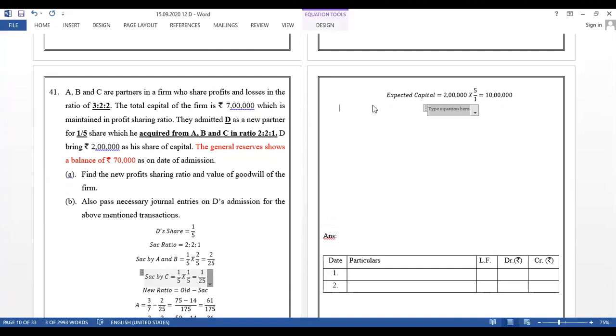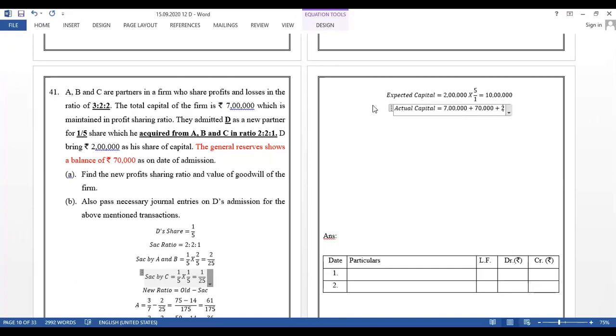This is the expected capital. Now we need to have the actual capital. Actual capital is the capital of ABC, any reserves, and the capital of D, including the new partner. Capital of ABC can be seen as 7 lakh, right? Plus reserves on that day is 70,000.